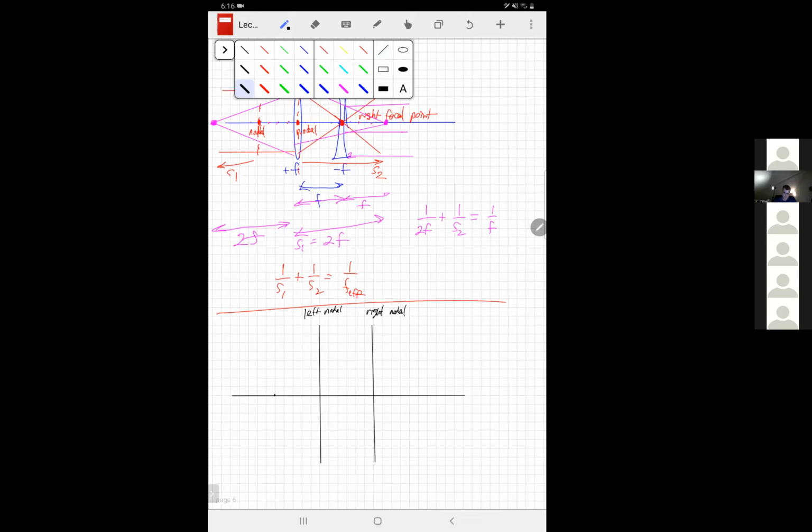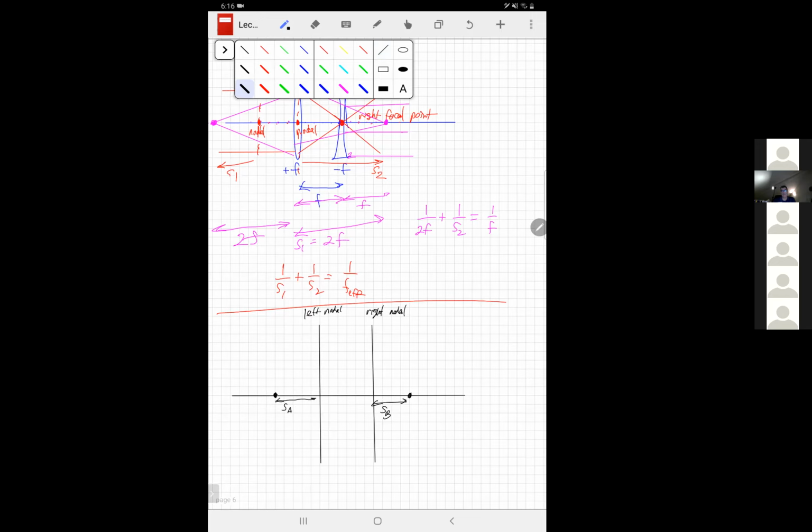And we've got an object point here at a distance that I am going to call S sub A to distinguish it from the other S1, and another object point at a distance S sub B. These are the objects that we designed for.